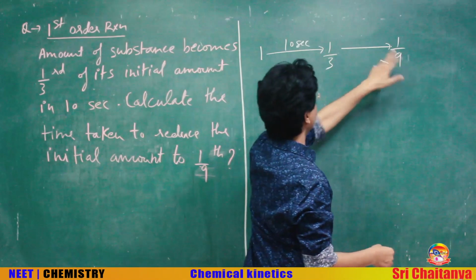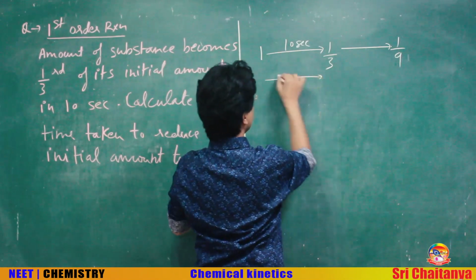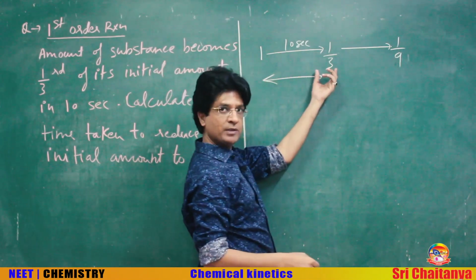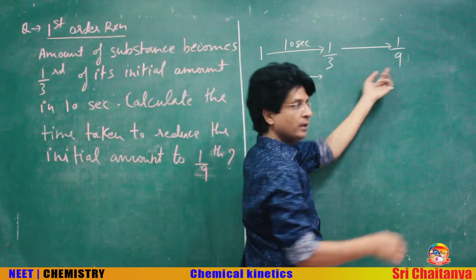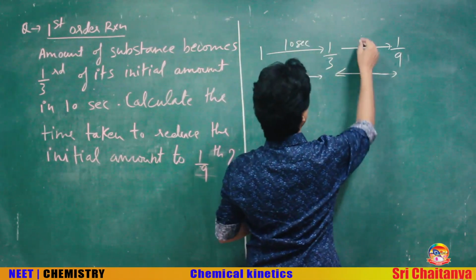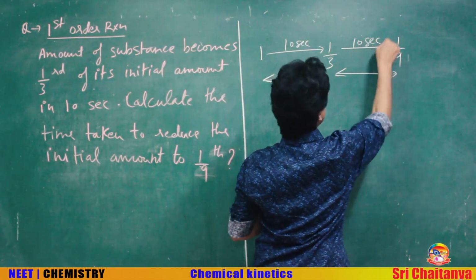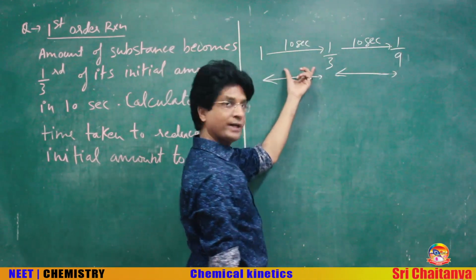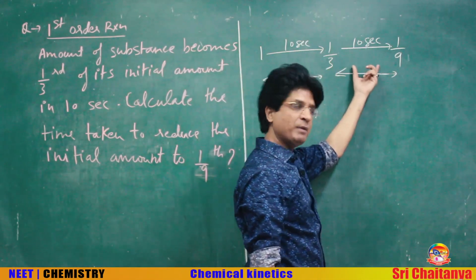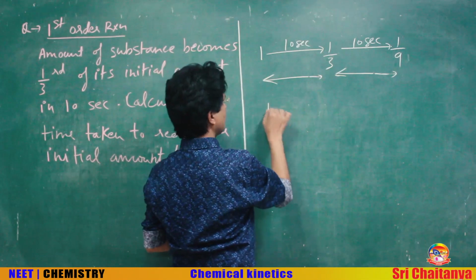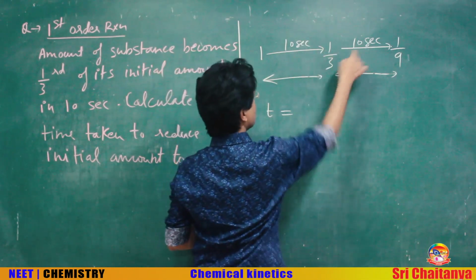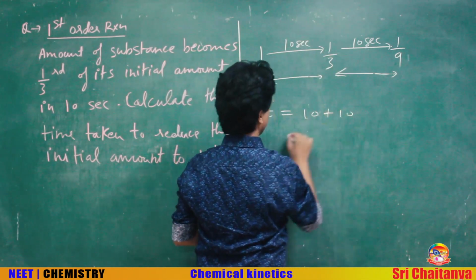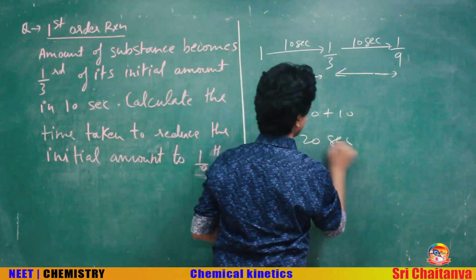So it will be 1 by 9. This is how much? 1/3 it has become. So 1/3 of this will again require the same amount of time. Same fraction of reaction will require the same amount of time. So total time required will be 10 plus 10, that is 20 seconds.